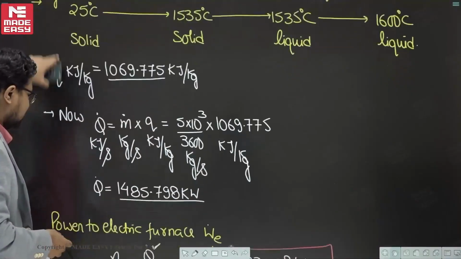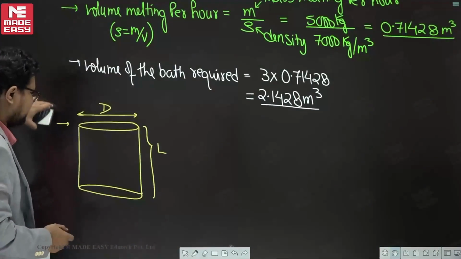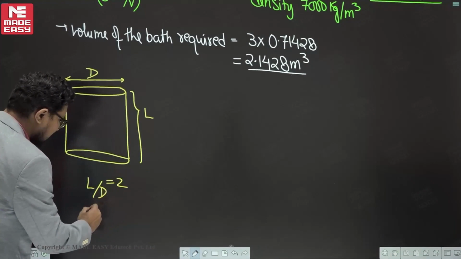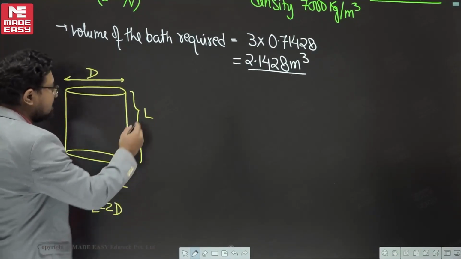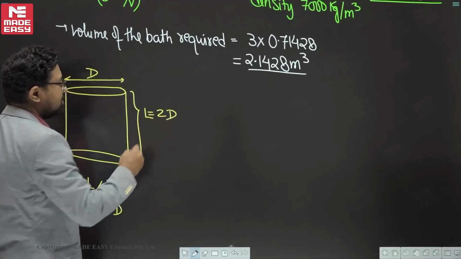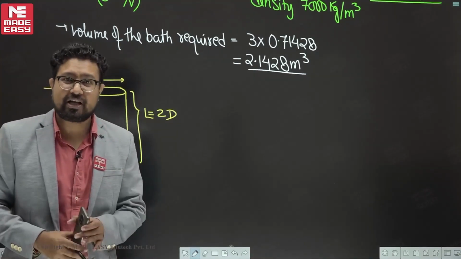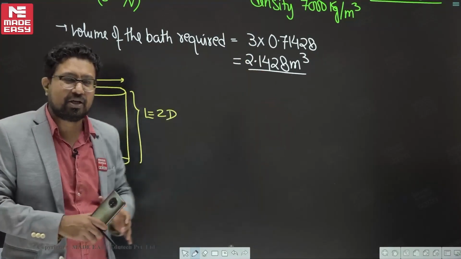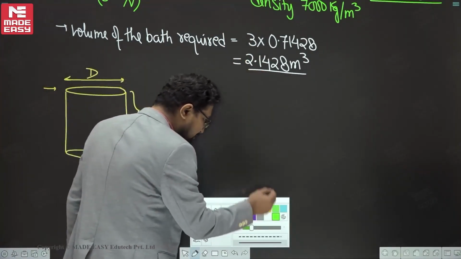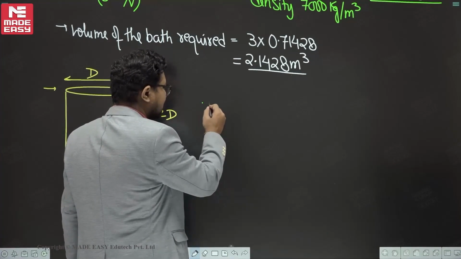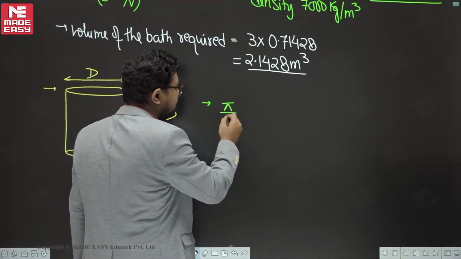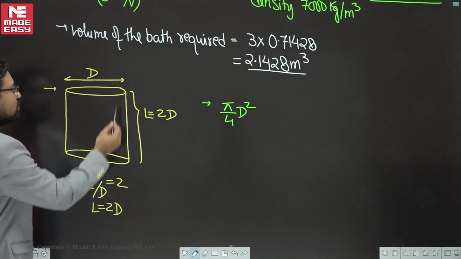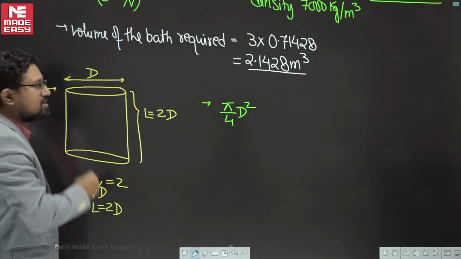So we can say L is equal to twice the diameter, fine. So if this is the volume of the furnace, what will be the dimensions? We can write the volume of the cylinder, which is equal to pi by 4 d square, the area of the base, into L, the length of the cylinder.